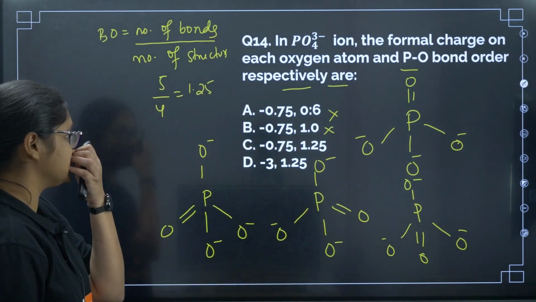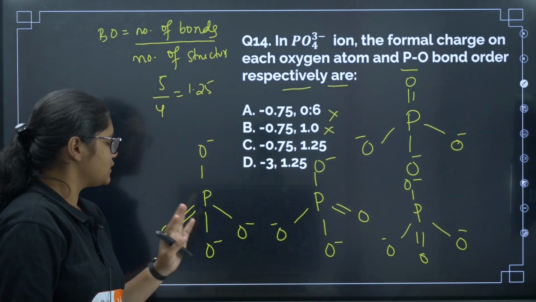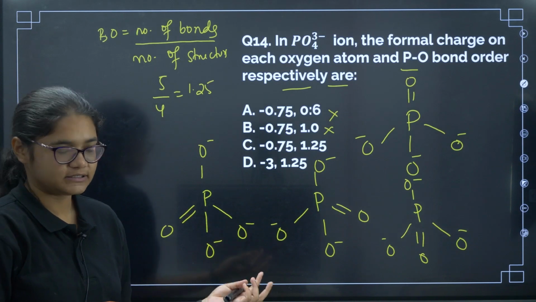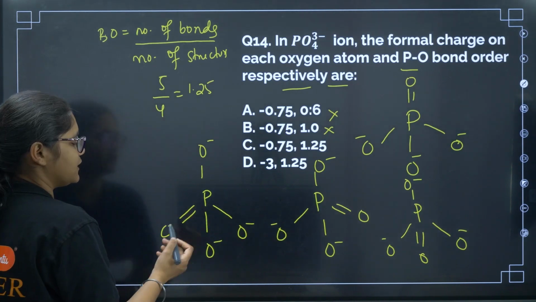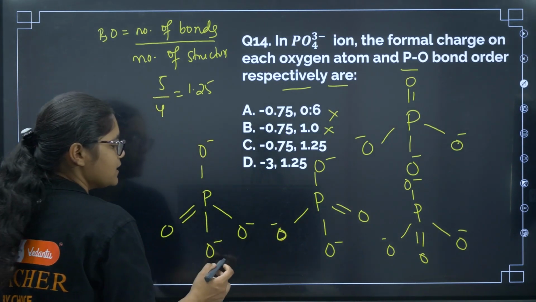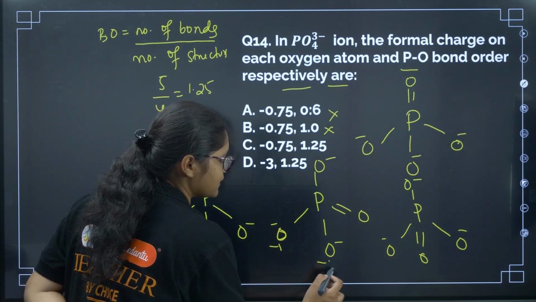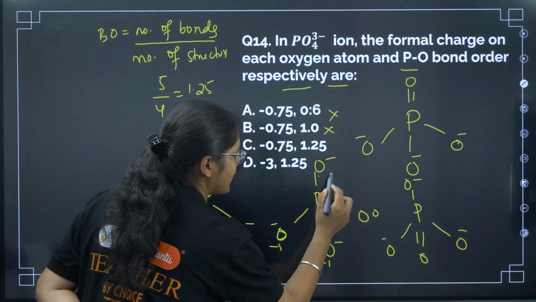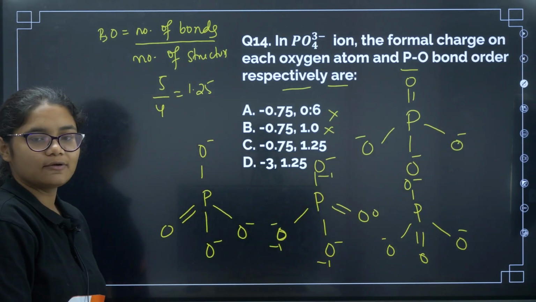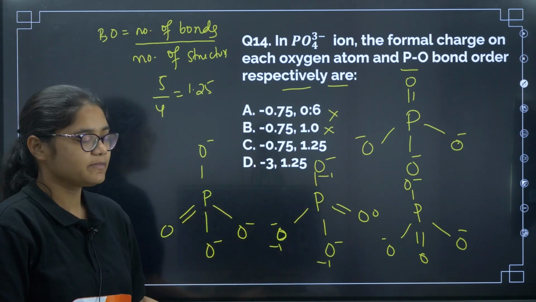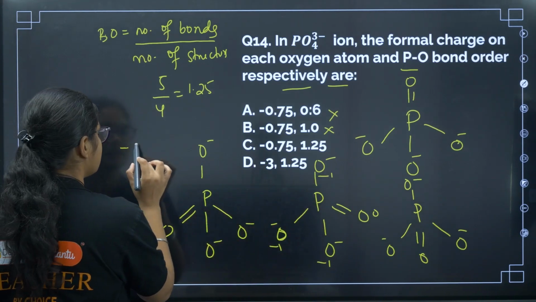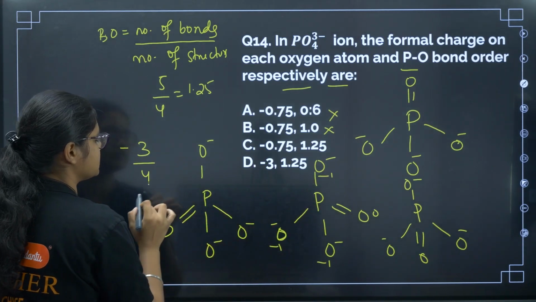Now about the formal charge on the oxygen atom. To calculate the formal charge of all these oxygens, let us just calculate for this one. So this is -1, this is -1, this is 0, and this is -1, right? Now you have to calculate the average. So the total charge is -3, and it is on 4 oxygen atoms.